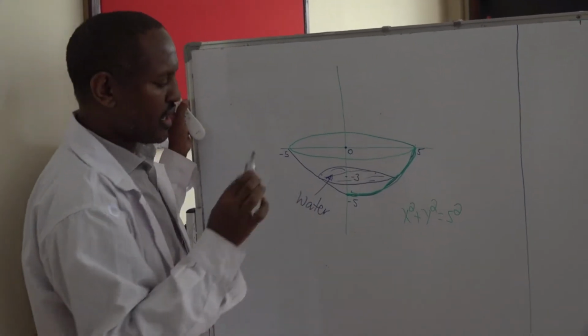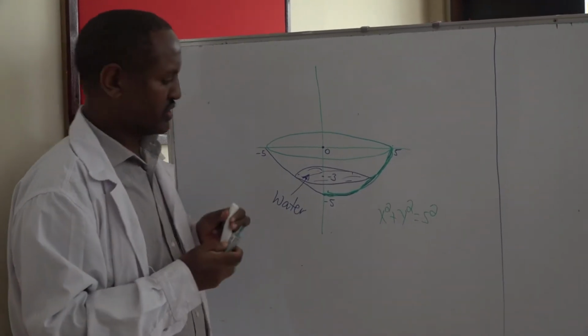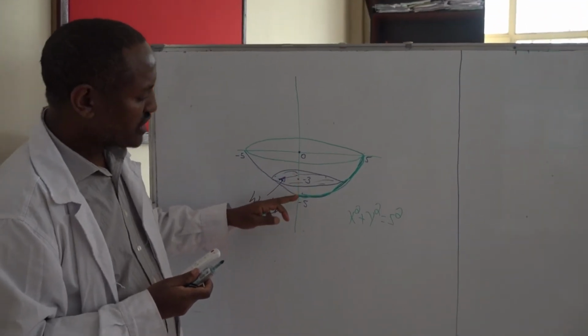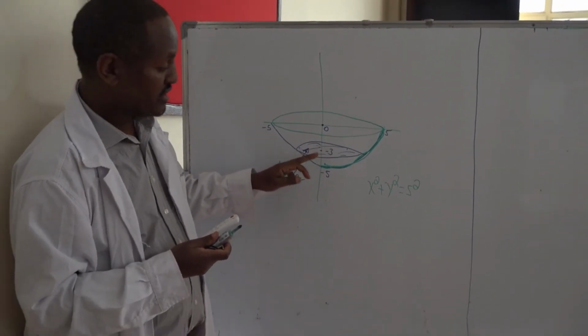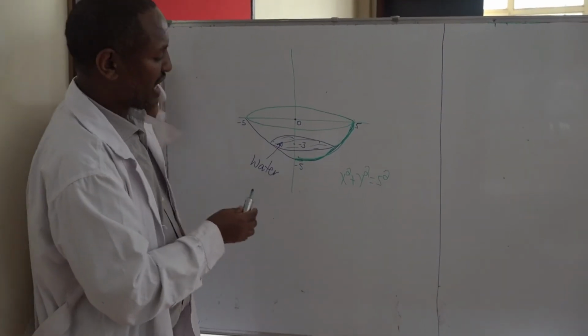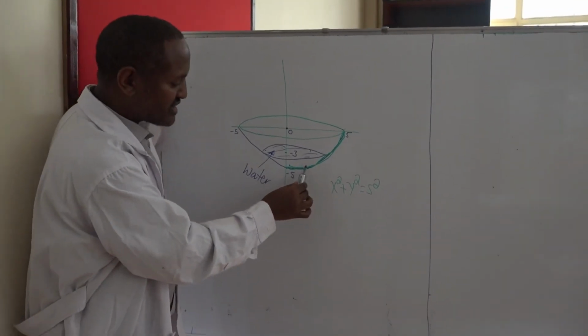Now with the same token, to find the volume of the water, what we have to do is revolve the region that is bounded by a quarter of this circle.